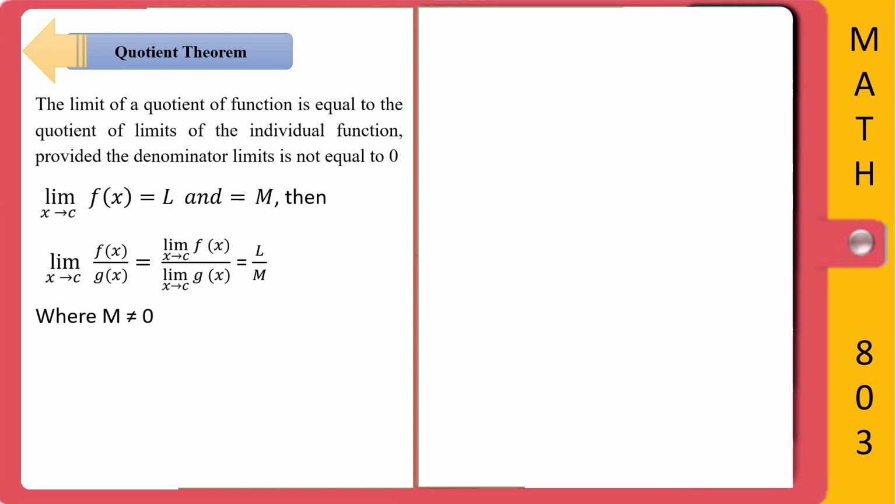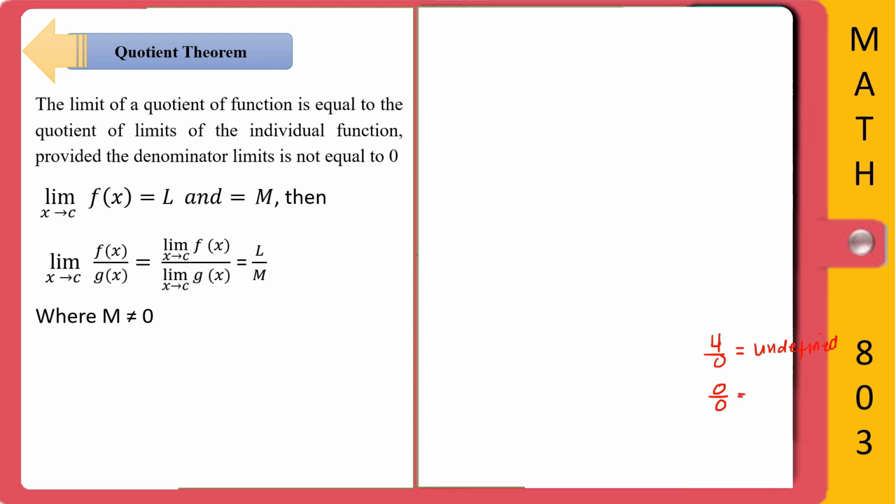Why? Because if we get 0 on the denominator, the limit does not exist or is undefined. So again, let's say for example we have the answer of 4 over 0. Meaning to say, the answer will be undefined. And then how about 0 over 0?